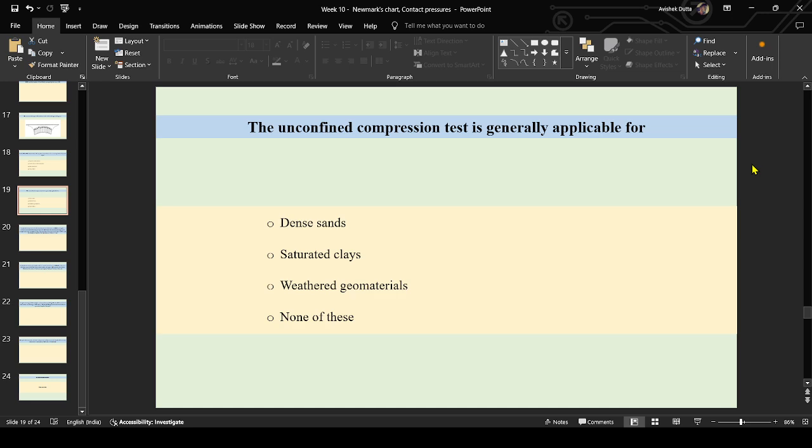I repeat the question. The unconfined compression test is generally applicable for, the options are dense sands, saturated clays, weathered geomaterials, or none of these. Okay. Next question.